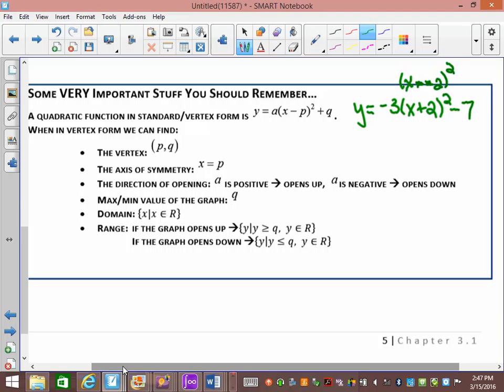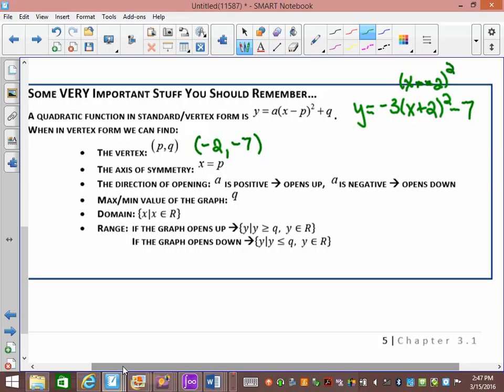I'd have to have x minus a negative 2. That's why it is negative 2, not positive 2, when you take out the p-value. So it's going to be negative 2 and negative 7. This one doesn't change because it's plus q, so this would be plus negative 7. So negative 7 would be q. The vertex is at negative 2, negative 7 for this example.